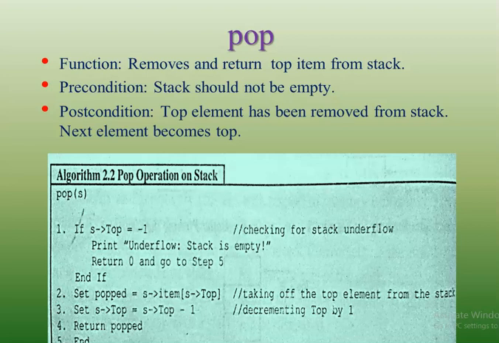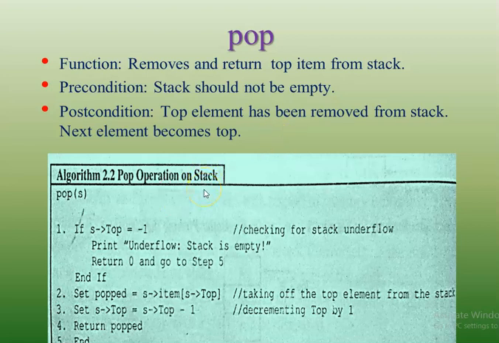Besides this, we have a peep operation also. It is nothing but displaying the top element. We will be taking the top element and displaying it, but the top index will not be altered. So after the peep operation, the stack will be as it is. Elements will not be altered, and the top location will not be altered.